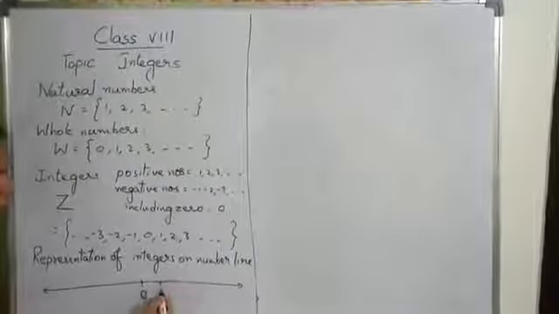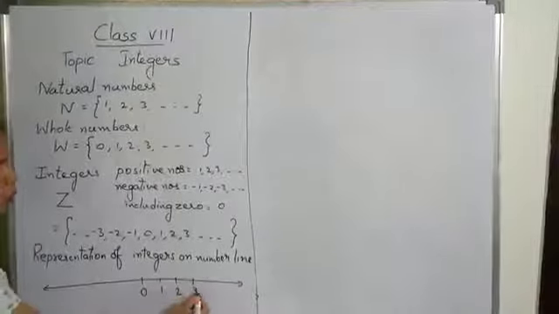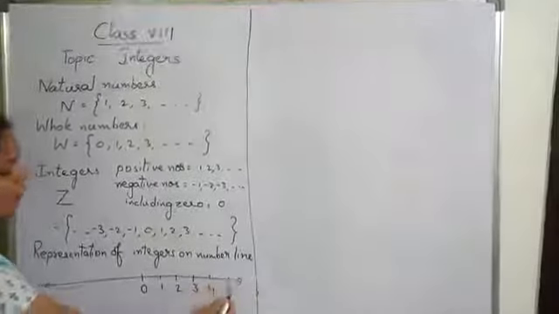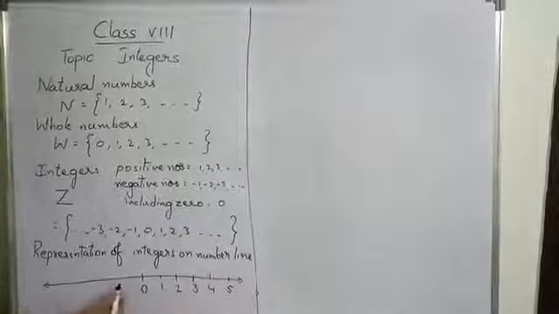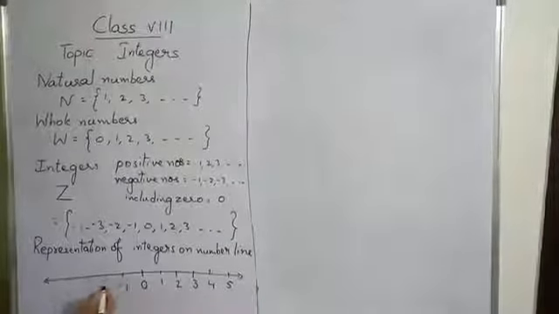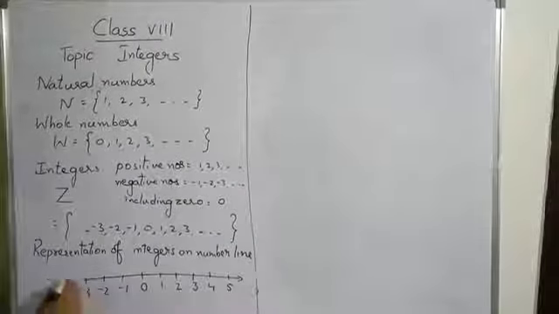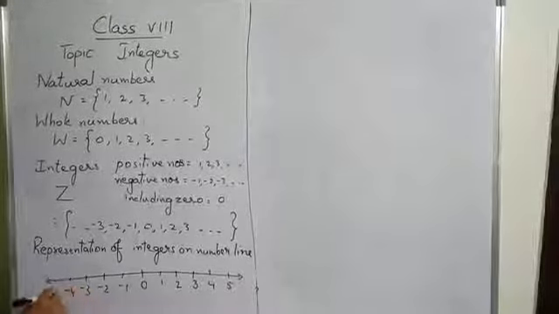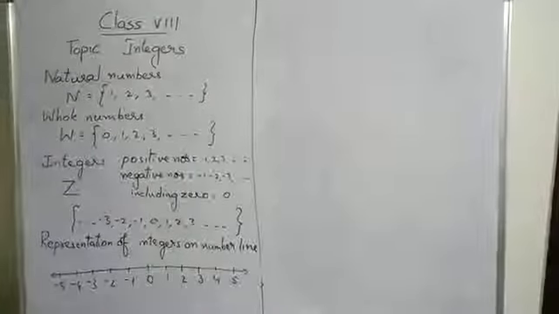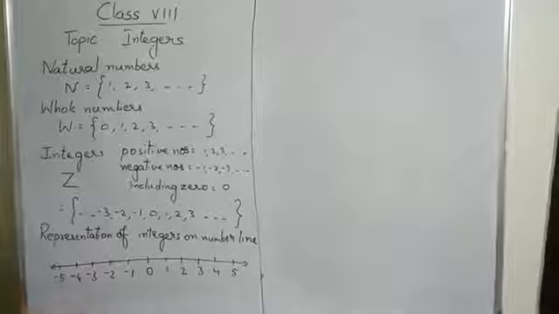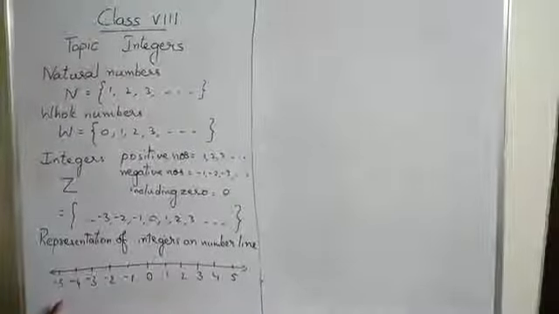Right side of 0, 1, 2, 3, 4, 5, and so on. To the left side of 0, -1, -2, -3, -4, and -5, and so on. This is the way to write the integers on the number line.